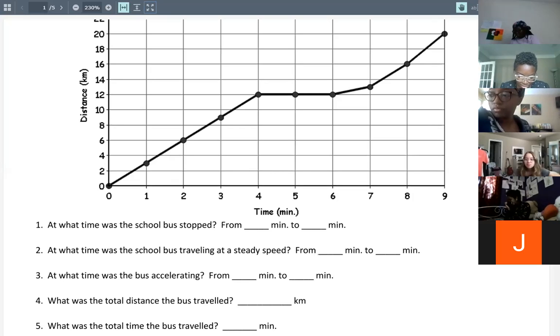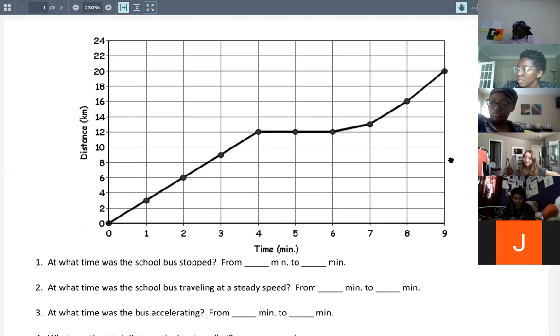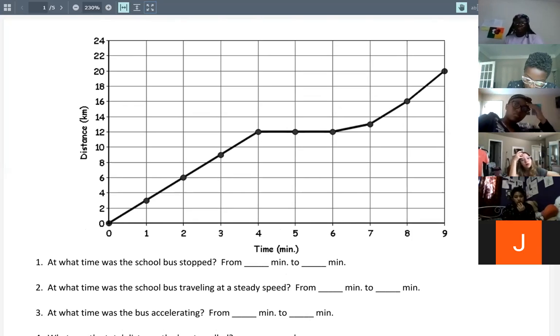All right, so if we are talking about this graph, the first thing I want you to notice is what is on the, listen carefully, okay? Tell me what is on the x-axis. What's on the x-axis? Time.